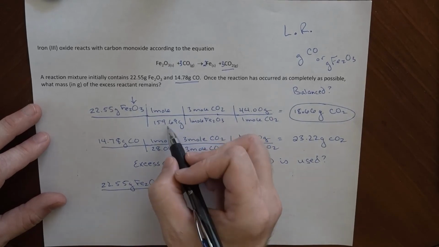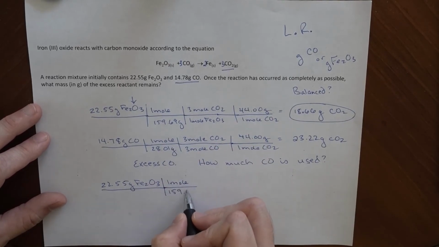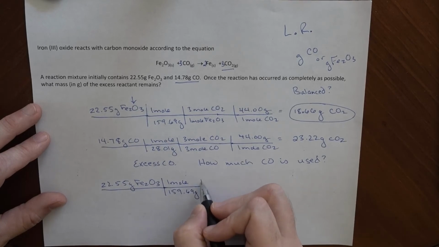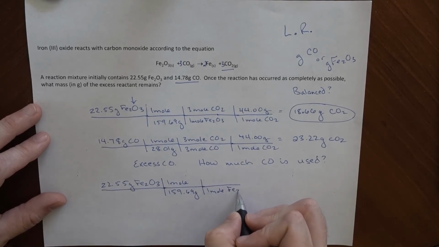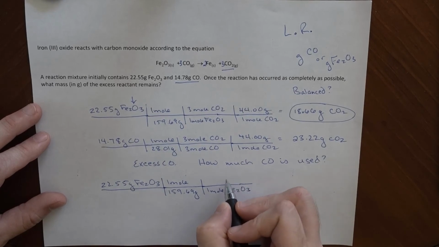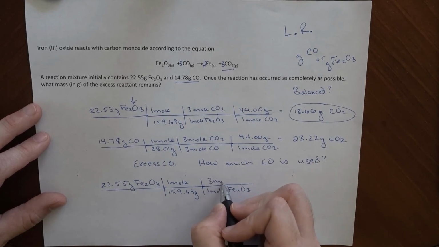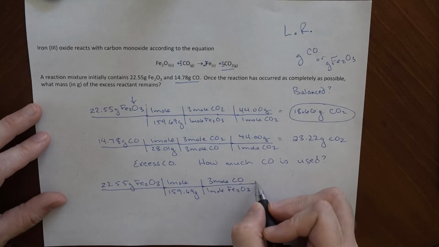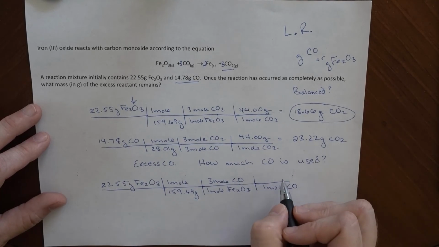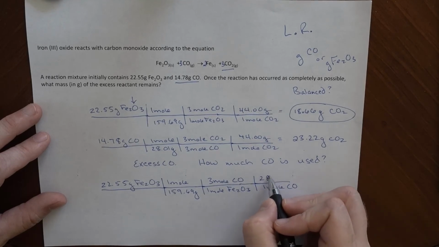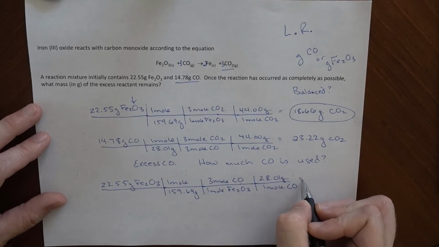So a mole of this stuff weighs the same as it did up here. And a mole of iron 3 oxide ends up reacting with 3 moles of carbon monoxide. And every 1 mole of carbon monoxide ends up weighing 28.01 grams.